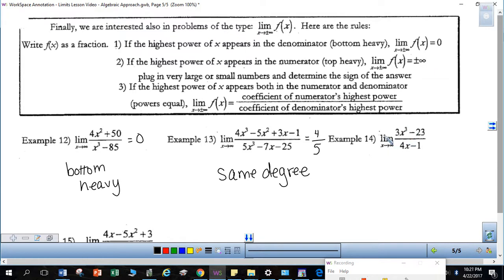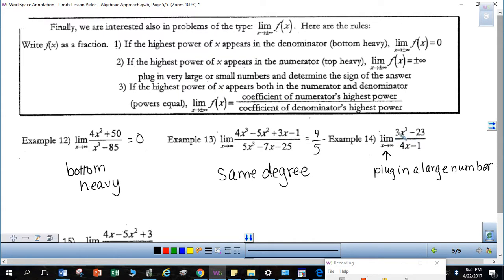So limit as x approaches infinity. And so we're going to think about plugging in a very large number. Something like 1,000 or maybe 1,000,000. If we think about the sign of the numerator and denominator, let's say we plug in x equals 1,000,000. If we do 1,000,000 cubed, it's going to get even bigger.